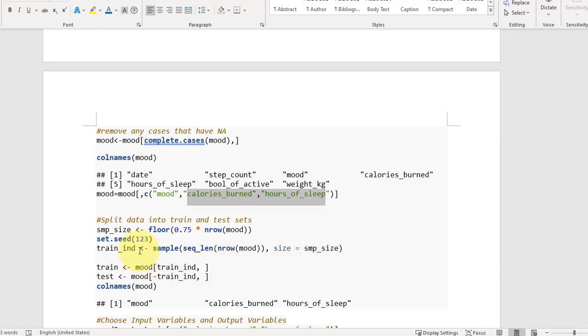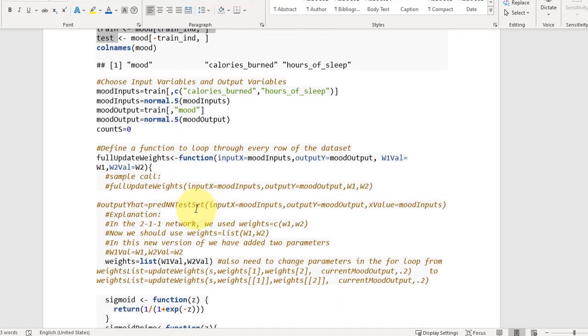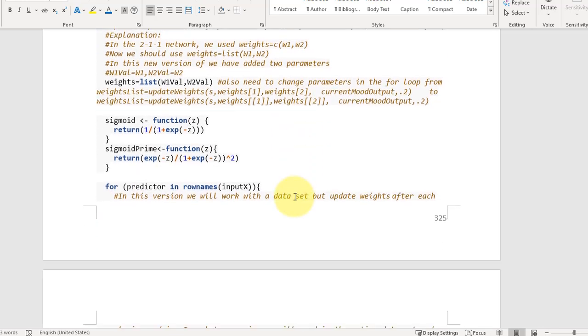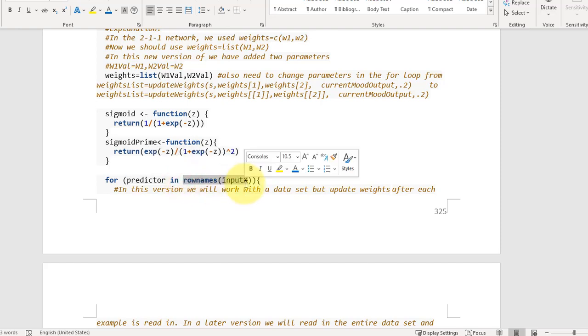And then we split into training and testing here. And then we have a function that we've defined up above called full update weights, or actually maybe we're defining it here. Hopefully we defined it above as well. Define a function to loop through every row of the data set. So we're going to go for every row in the set of row names.